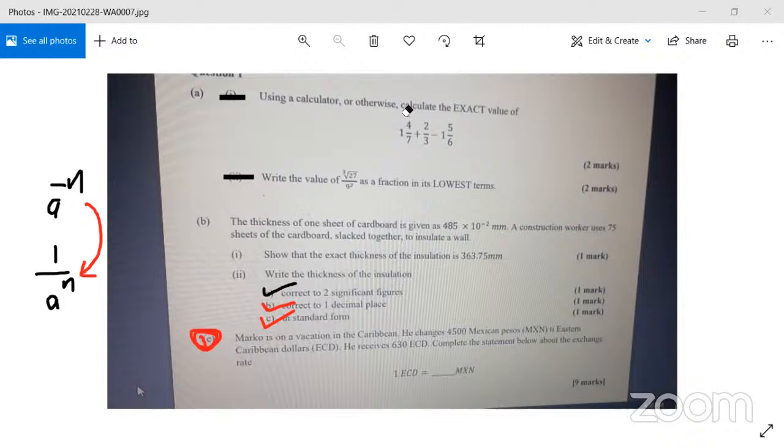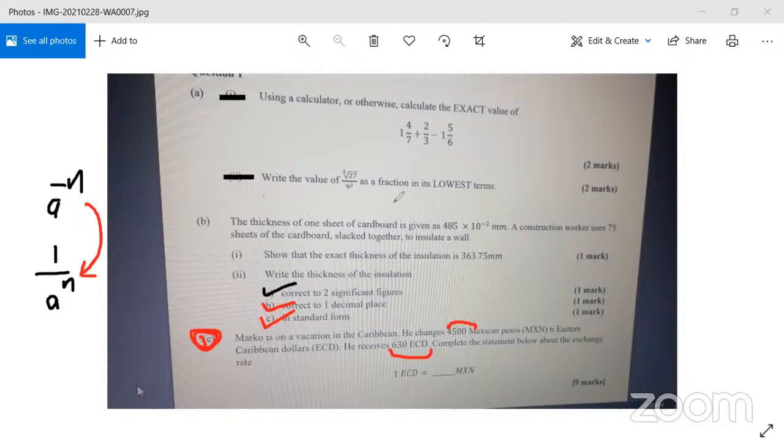So let's look at this. 4,500 Mexican pesos, and he receives 630 ECB.